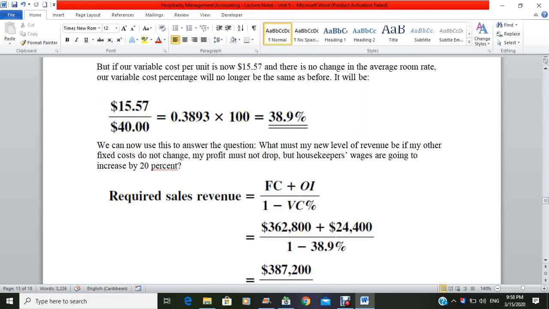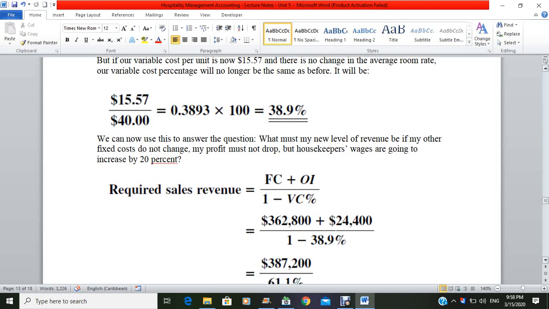So we can now use this to answer the question: what must my new level of revenue be if my other fixed costs do not change? My profit must not drop, but housekeepers' wages are going to increase by 20%.